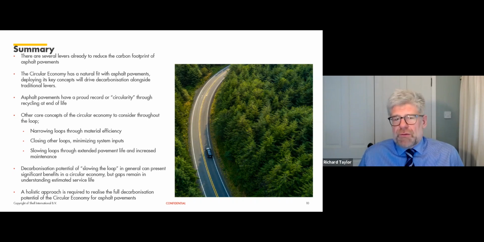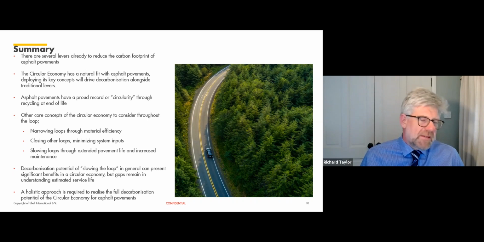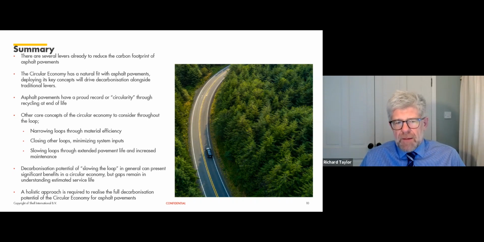Asphalt's got an awesome record in terms of recycling at the end of life, and it's approximating a closed loop system. There are still some losses from that system, but in general, asphalt pavements are considered to be highly circular. However, there are still areas of improvement, particularly in narrowing loops through the efficiency of the materials that we put onto our roads.